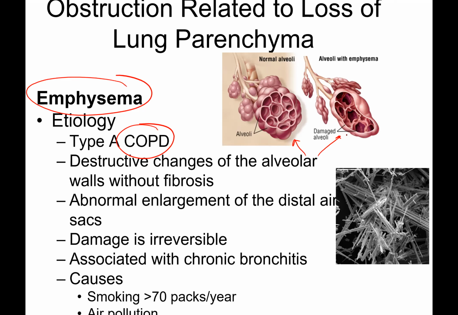So they have abnormal enlargement, and typically this is not reversible. So once you get emphysema, it's something you have to manage forever. Can be a byproduct of having the chronic bronchitis. Okay, so constantly inflamed bronchi can eventually lead to emphysema.